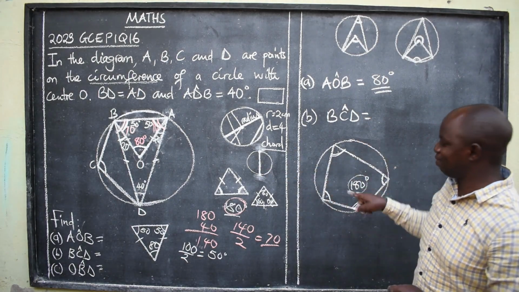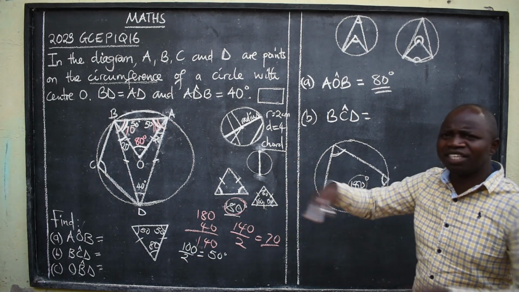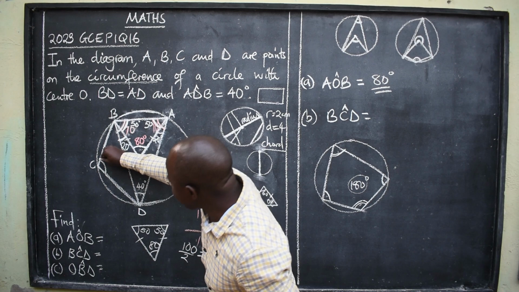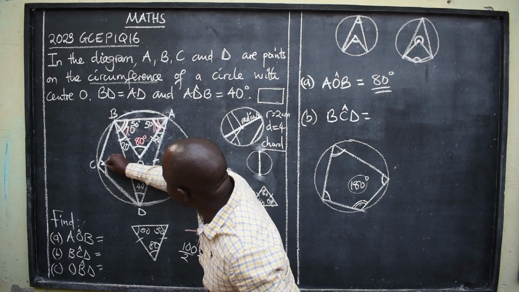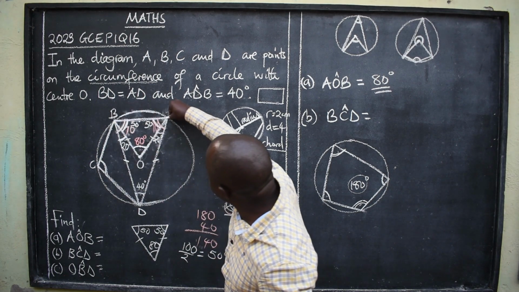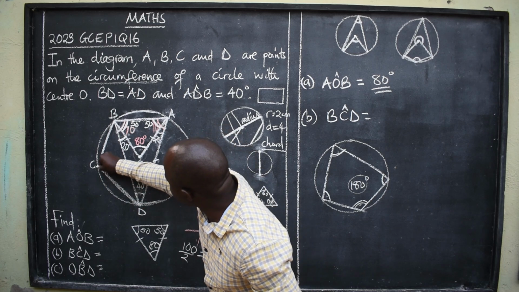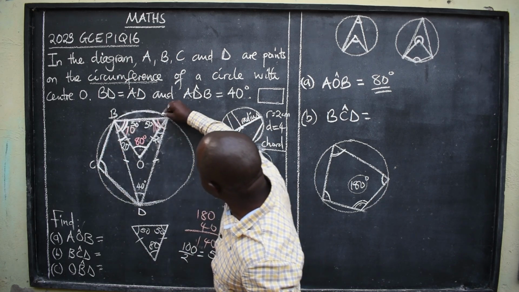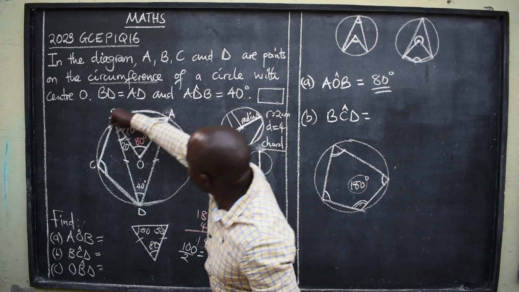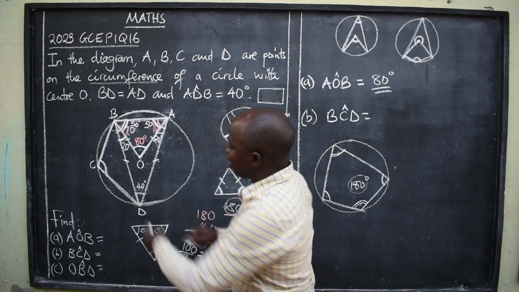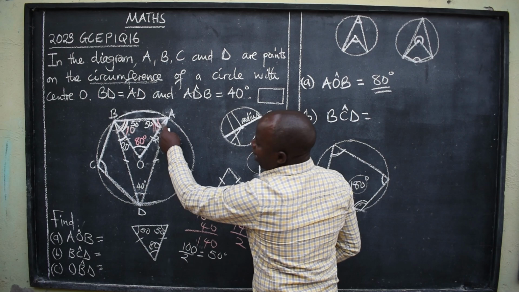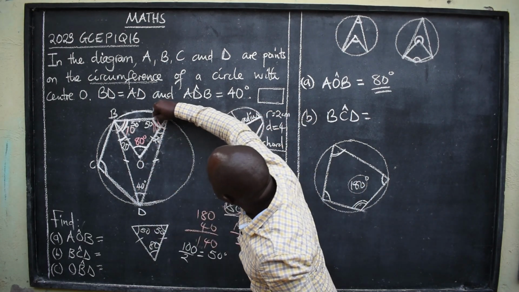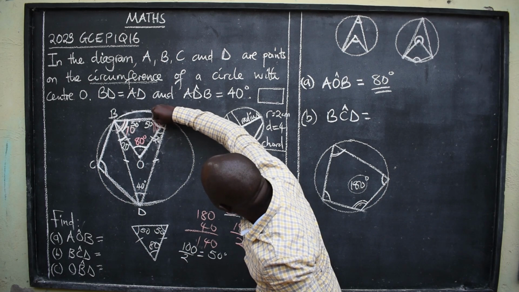For me to get this, I should use this. Of course, there are different methods that can be used. So for me to get this angle here, I can see this four-sided shape inside. This angle plus this angle, I should get 180. I know the angle here.